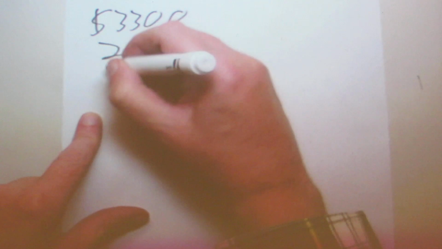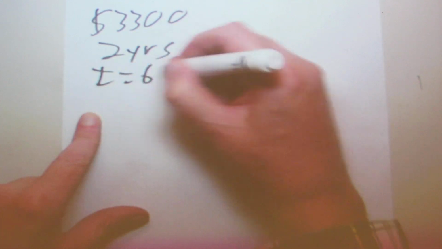Next, you'll have one of the interest questions. Let's say that you start with a $3,300 loan, and it's for 2 years, and the interest is 6%. We need to find the total that you pay back.